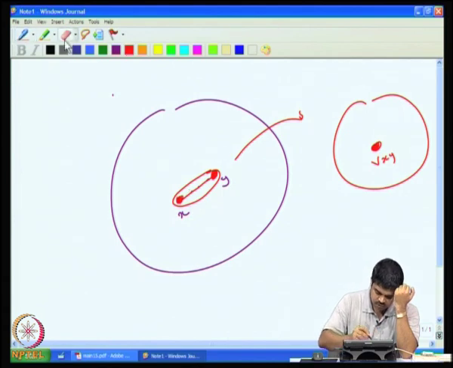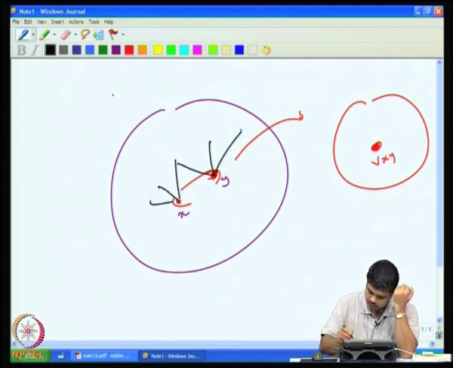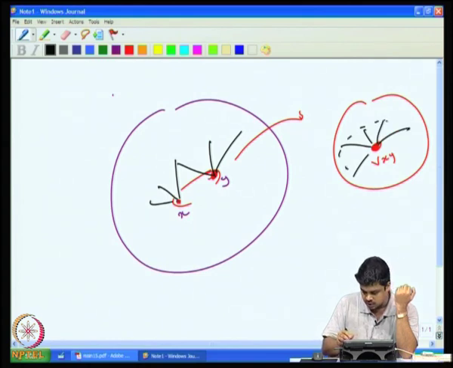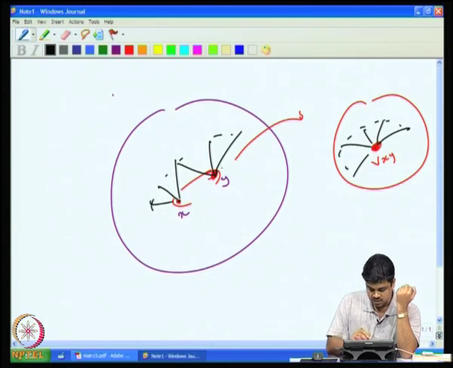Why? Because originally this edge was not there, and whichever neighbors were there here were there also. So the colors the neighbors get here will still be here. Now, this color can be given to both these vertices, because it will be different from the colors on the neighbors.